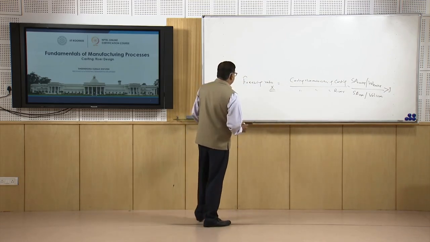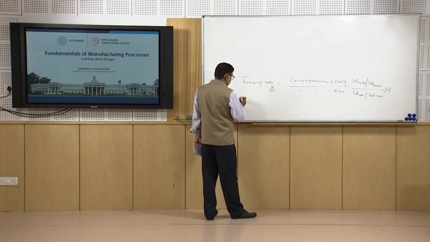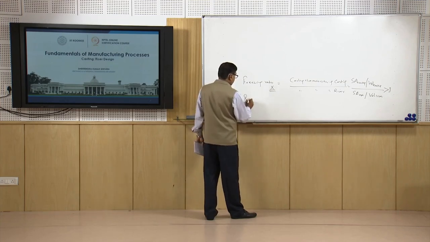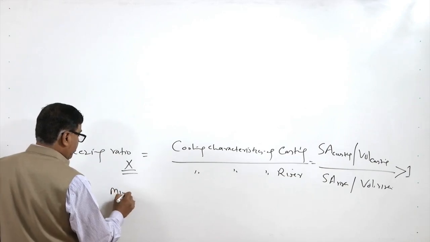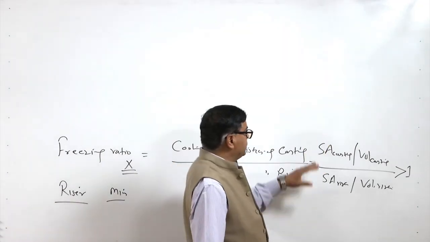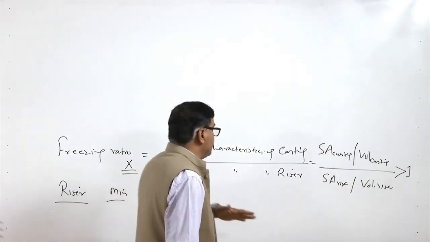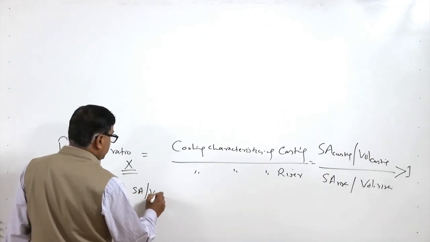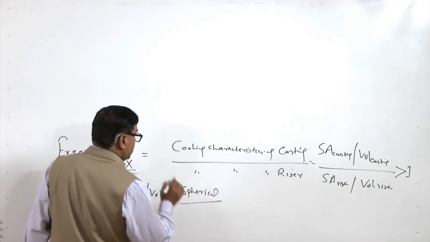So, according to this, what are the possible shapes for the riser? To have a higher value of this ratio, it is required that the riser's surface area to volume ratio is minimum, and the minimum surface area to volume ratio is obtained in the case of spherical shapes.